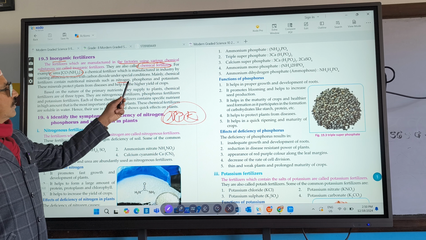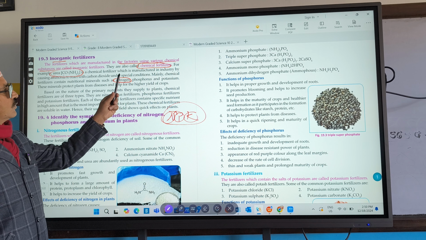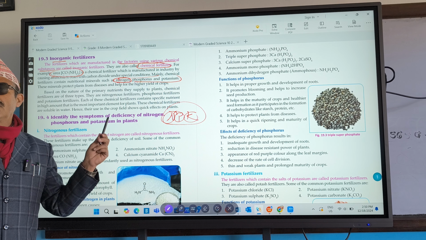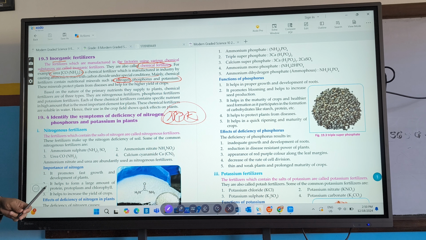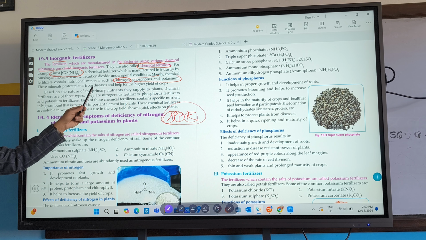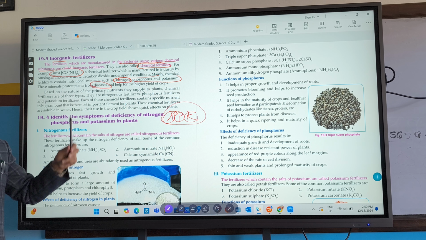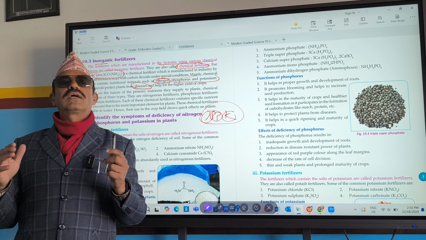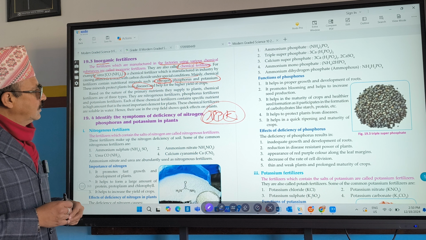Especially, I told you that nitrogen, phosphorus and potassium are supplied more by inorganic fertilizers. And by the use of these fertilizers, plants can resist diseases. They do not get affected by disease easily.